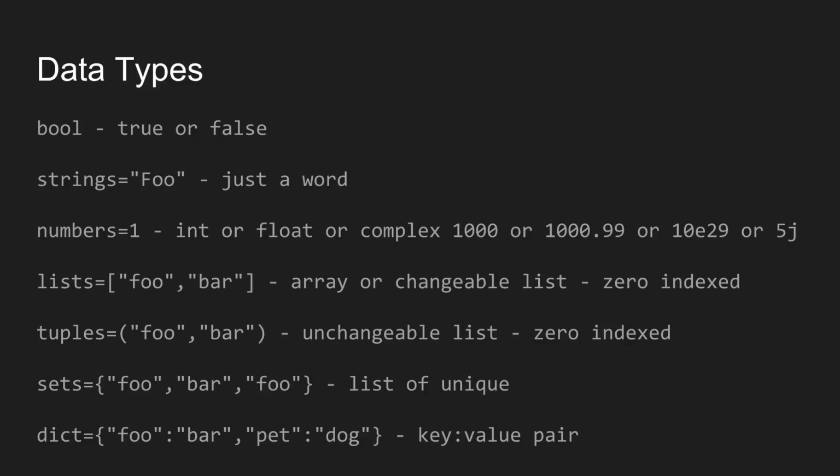And the same for the tuple. The length is 2. So when you go by length, you might have to do length minus 1 to actually get the last item. But you don't have to worry about that when you're going through a for loop and iterating through it. It'll just say, okay, there's only 2 items in the list. I'm not going to go out of bounds in the for loop.